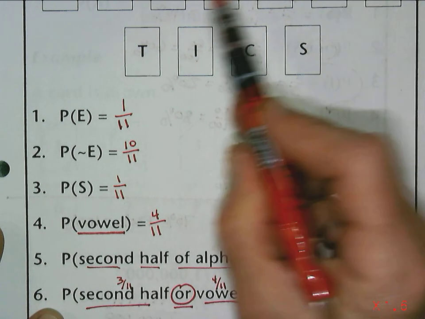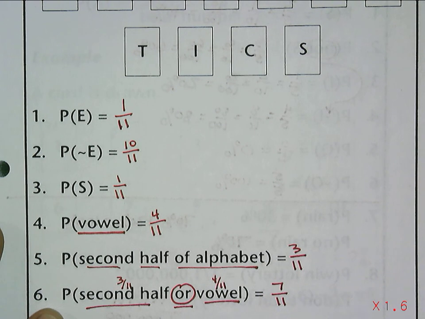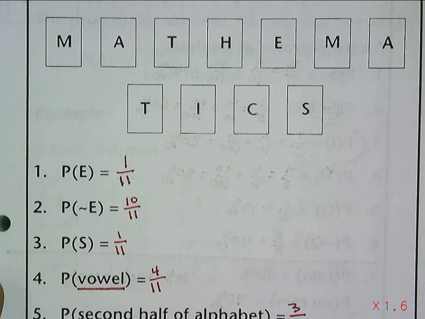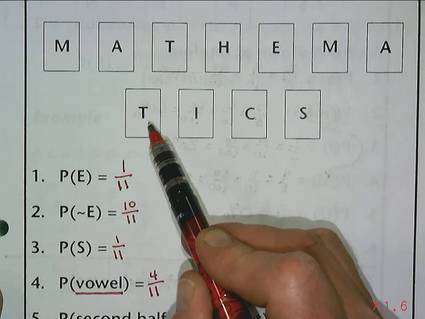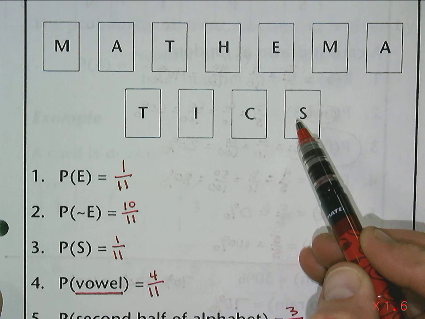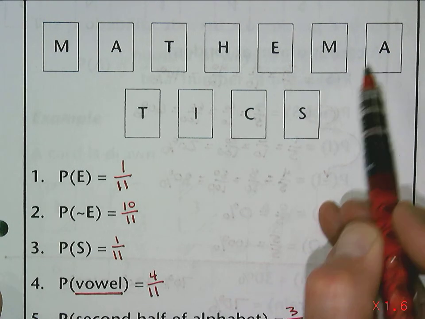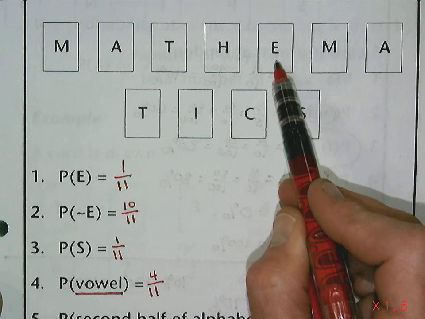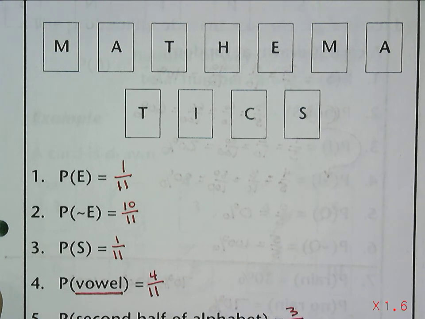Now, none of the vowels that we had were a part of the second half of the alphabet, so there's no overlap in these two. So that works out well. So second half, we had the T and the other T and the S. So there's 3 there, and then vowels 1, 2, 3, 4. So 1, 2, 3, 4, 5, 6, 7 of the cards fit this description.